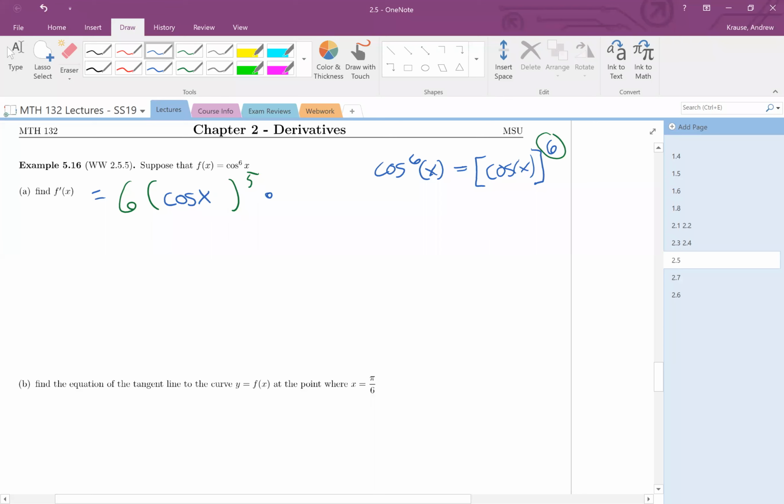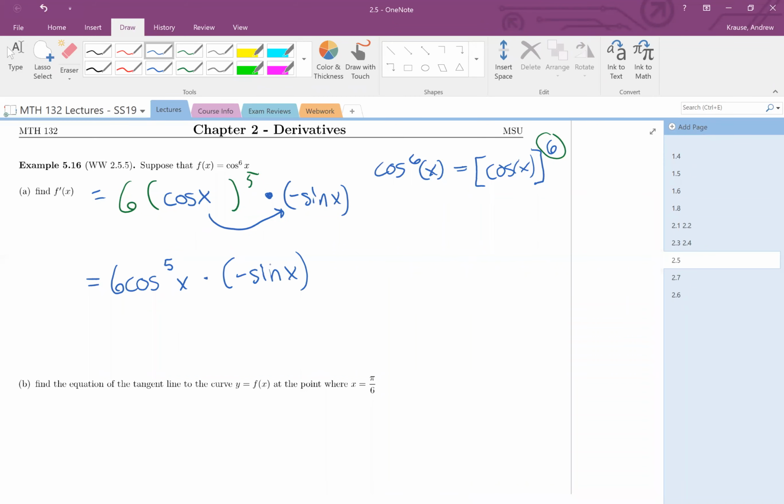And then we're going to multiply by the derivative of cosine, which is negative sine of x. And this answer is completely fine. But we could also write this as 6 cosine to the 5th of x times negative sine of x, if we were going to convert back to that notation that we started with. Both of those are acceptable. These are just different ways to write the same answer using different notation.